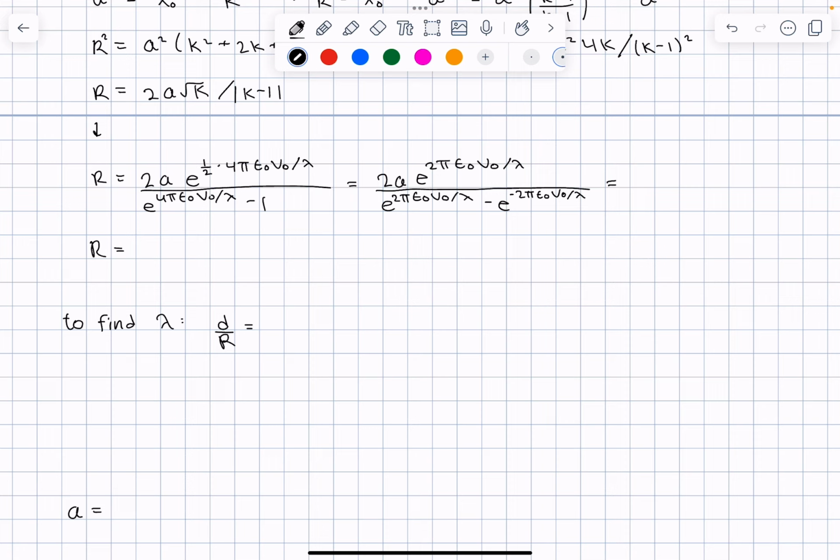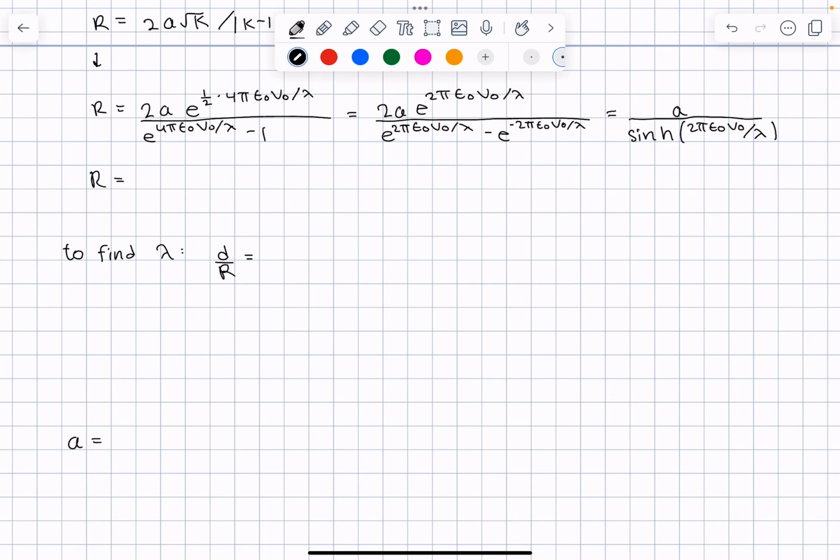And then this can be rewritten as a over the hyperbolic sine of 2 pi epsilon naught v naught over lambda. Lastly, we can say that r is equal to a times the CSC of 2 pi epsilon naught v naught over lambda. And I'm going to highlight that so that we can come back to it.